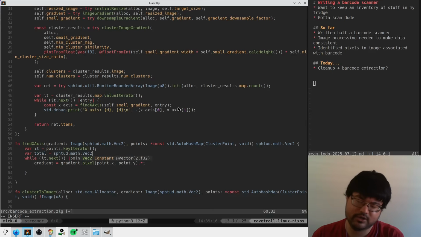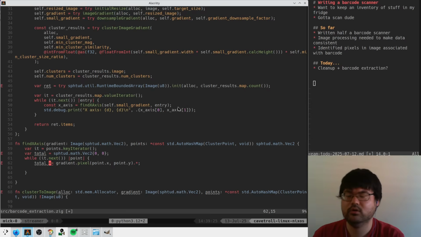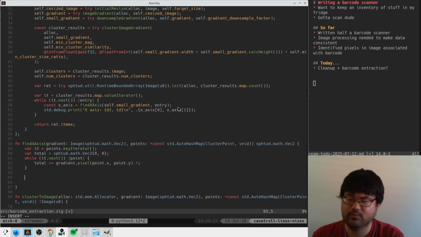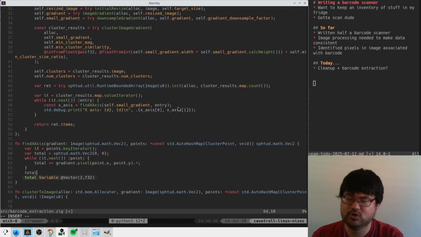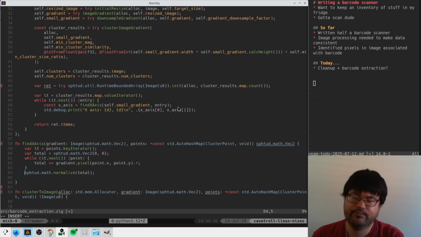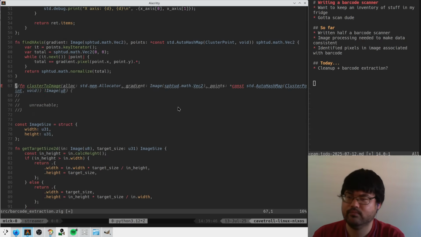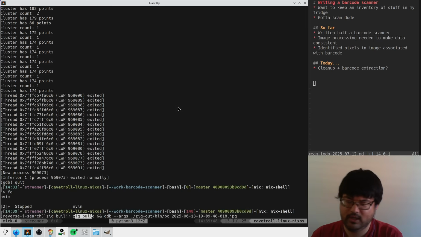Because these are now 2D vectors, I think that if we average them out, they should just turn into a reasonable vector. And then we should just be able to normalize this vector. Yeah, should be.